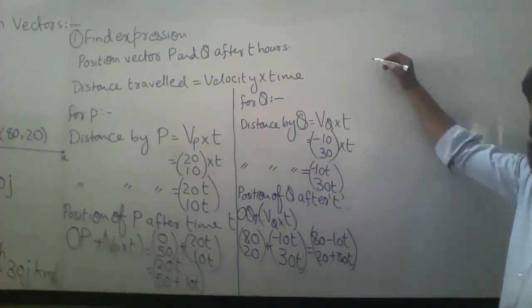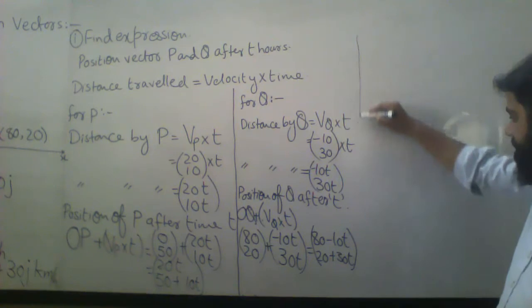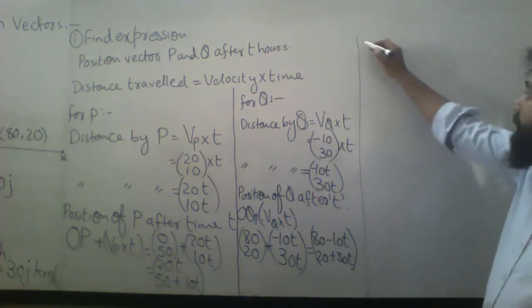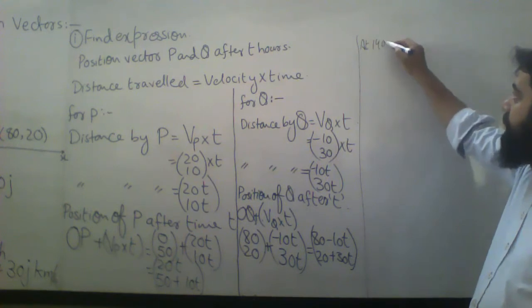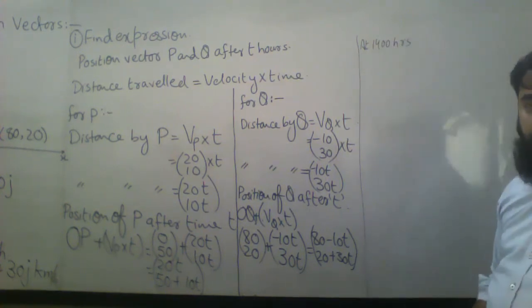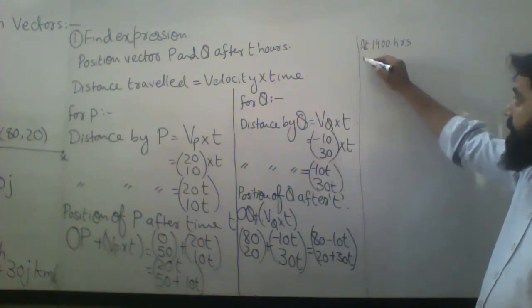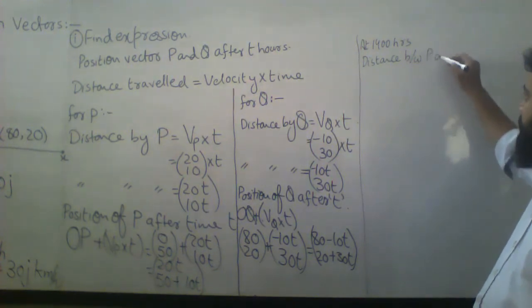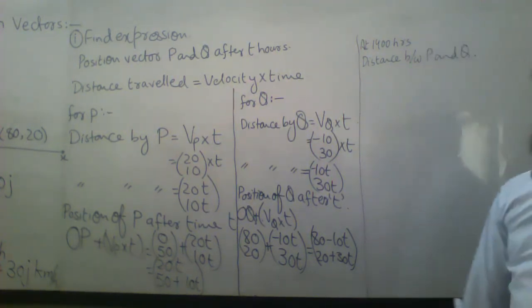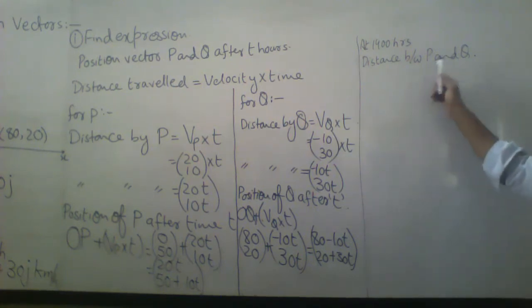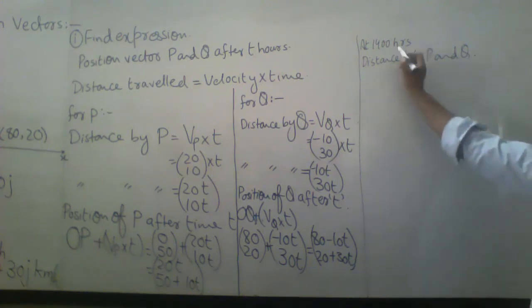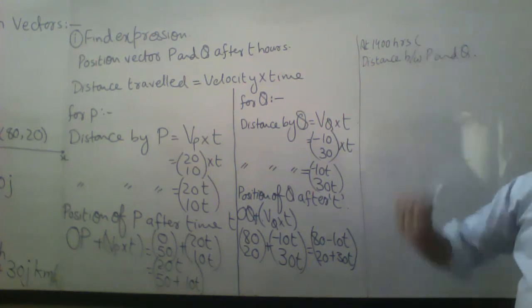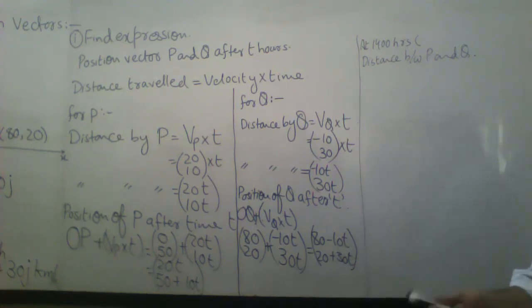Now, the B part of the question is saying that at 1400 hours, I have to find the distance between P and Q. First of all, 1400 hours means the working started from 1200 hours, and now we are at 1400 hours.